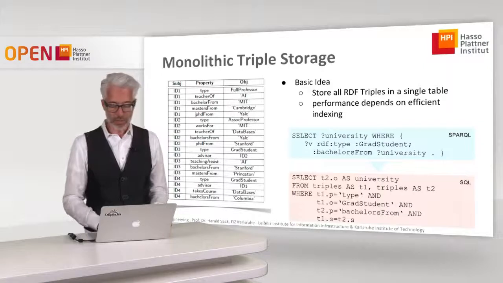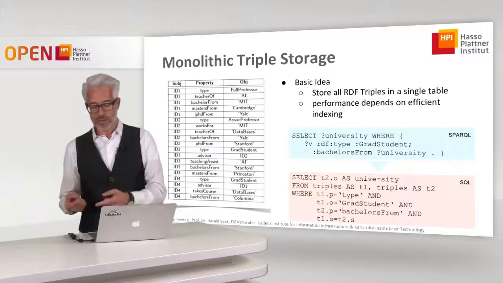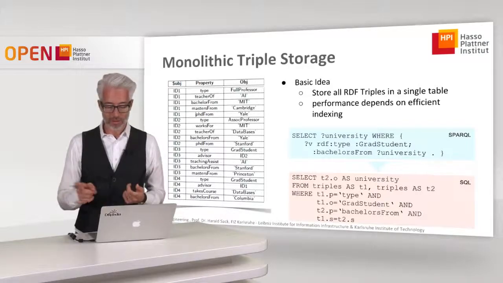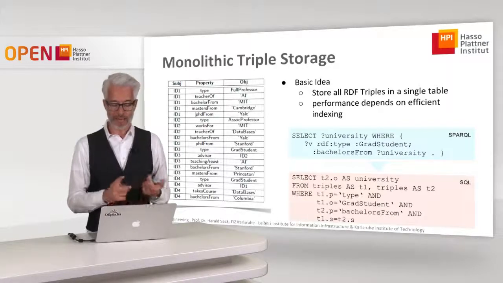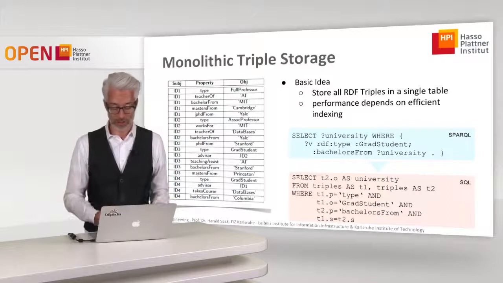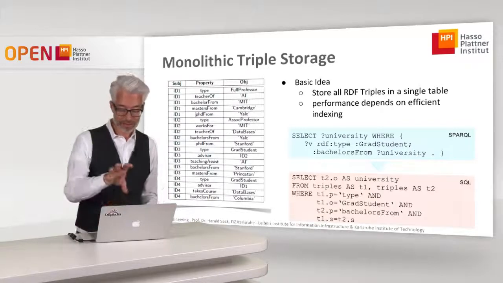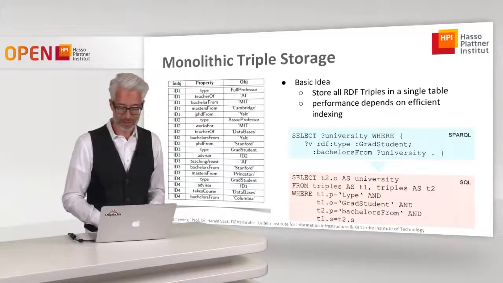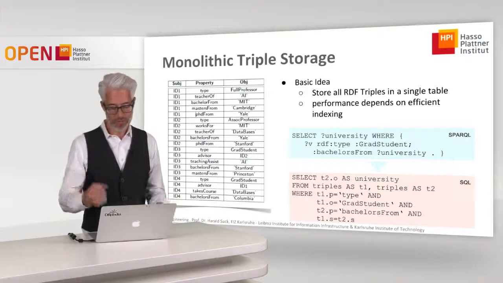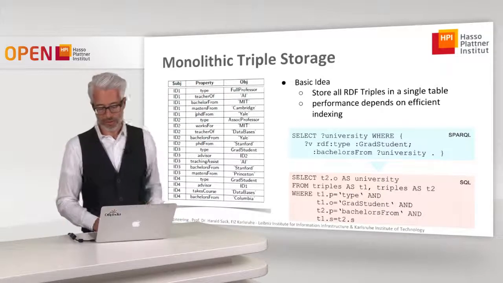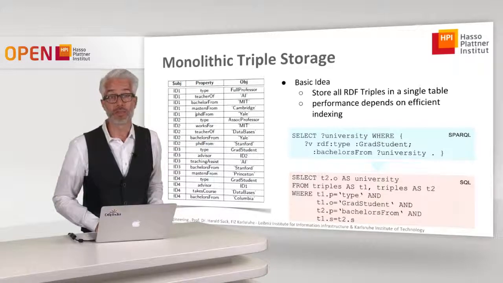Then from triples T2, we choose the property bachelors from, and we say that T1.S, the subject, which is the student, should be the same as T2.S. These are the different join conditions, and what you select is from T2, the second table in our join, the object, which is the university we are looking at.